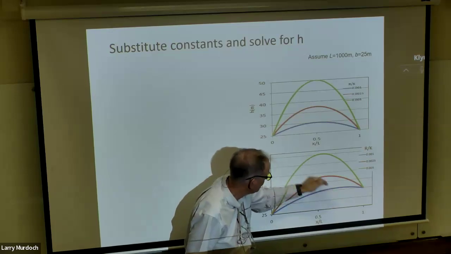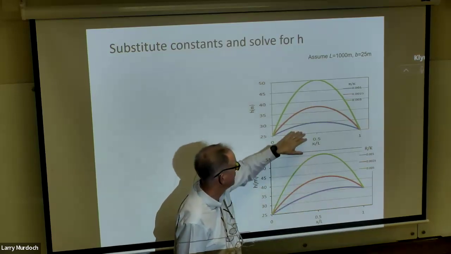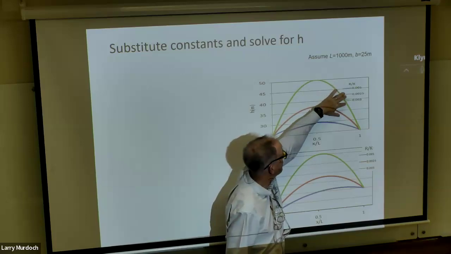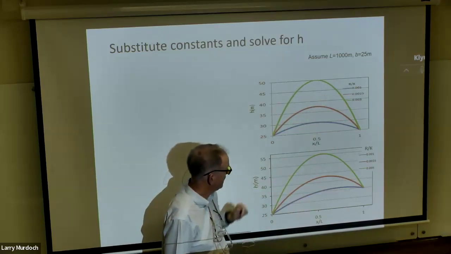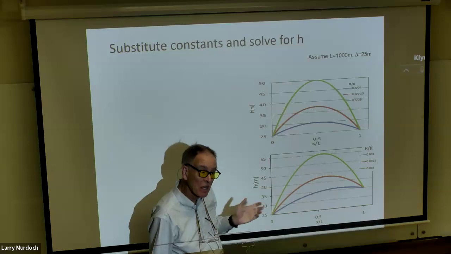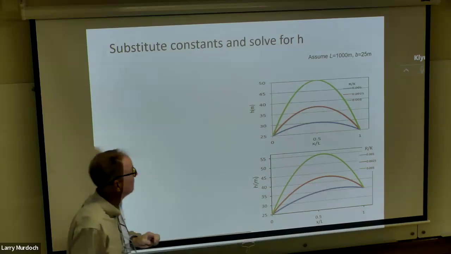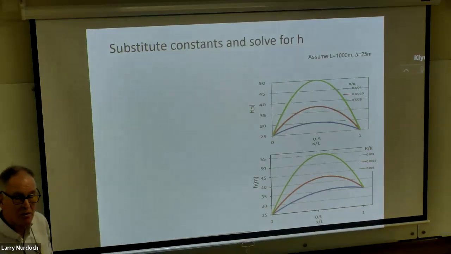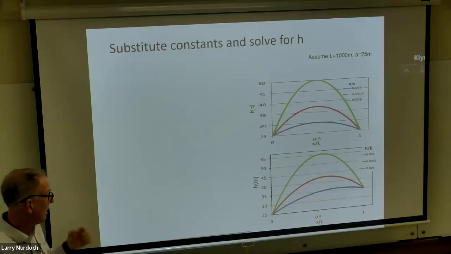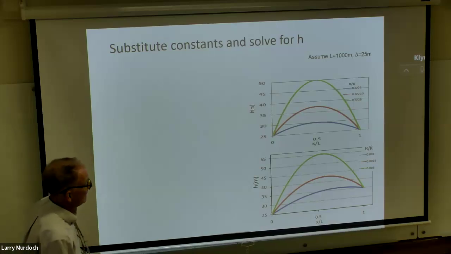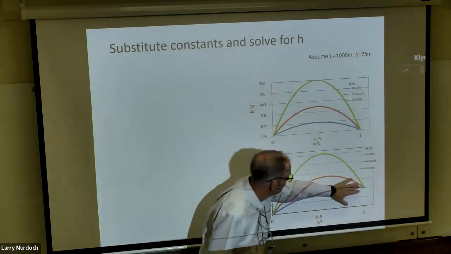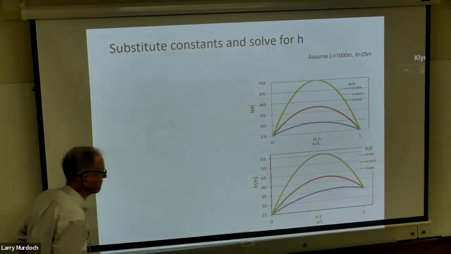So the divide is moving as this recharge to conductivity ratio gets to be smaller. When I first saw that, it was a little unexpected. I thought the divide ought to be in the middle, but pretty clearly it's not. It's kind of moving towards the uphill side.